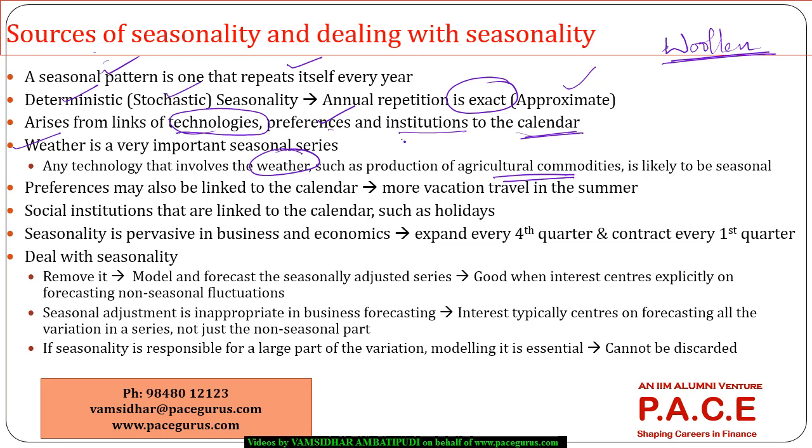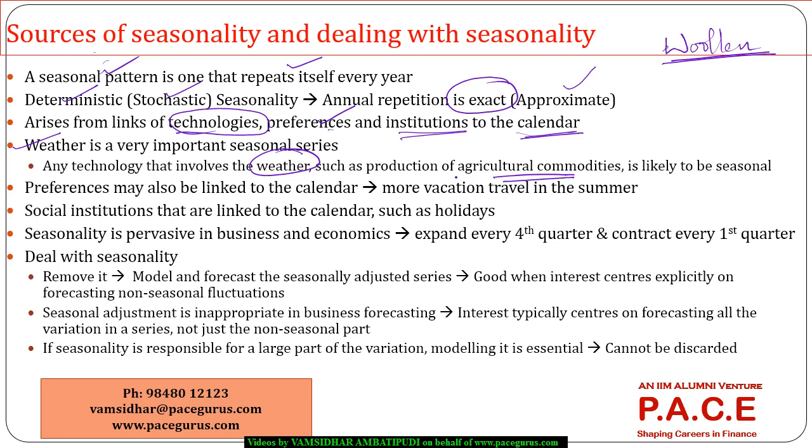Similarly, there is the relationship between institutions and a calendar, such as the sales of touring companies, which conduct holiday tours. For them, the sales could be much higher during the holiday season, but much lower otherwise. Or even the sales of cars.